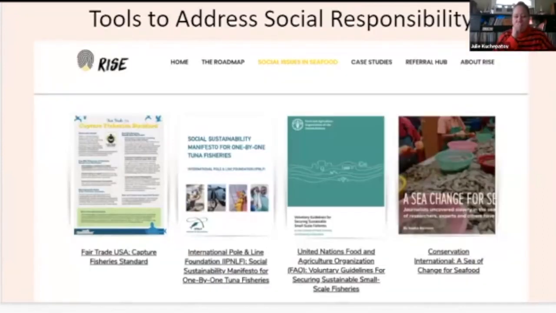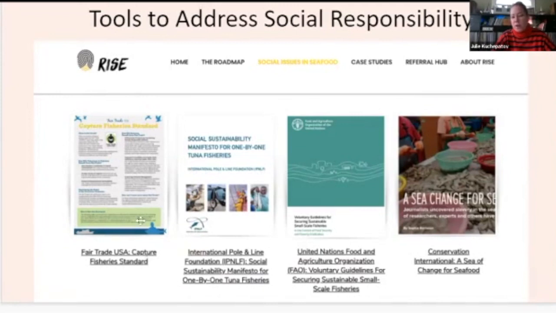So there are a lot of tools. Like I said, addressing social responsibility is relatively new in the seafood space. Other sectors like coffee and cocoa have more advanced tools because they've been doing this longer. Clearly, though, there are still issues everywhere. So there are not as many tools in the seafood space, but there are some. There are some seafood certifications that actually look at gender.